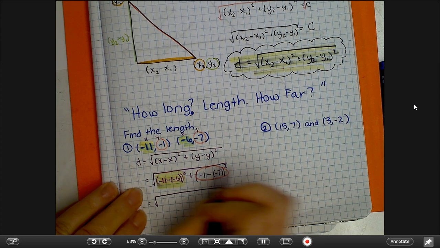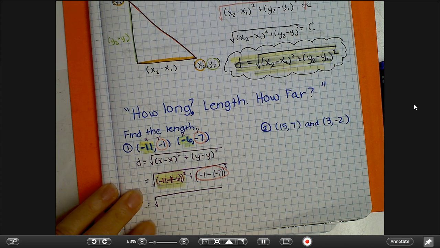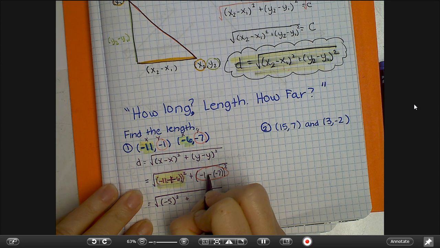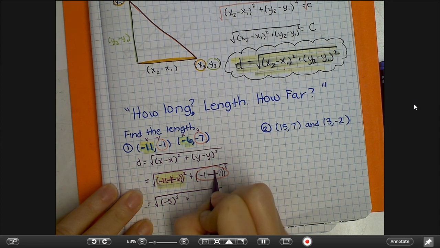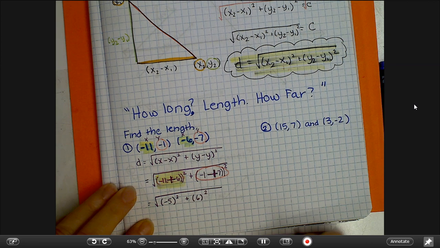Now we're going to simplify. Remember, when you have two negatives in a row, you can just change them to a positive. So we have negative 11 plus 6, which is negative 5 squared, plus, two negatives make a positive, negative 1 plus 7 is 6 squared.